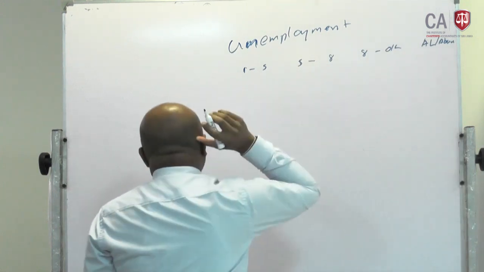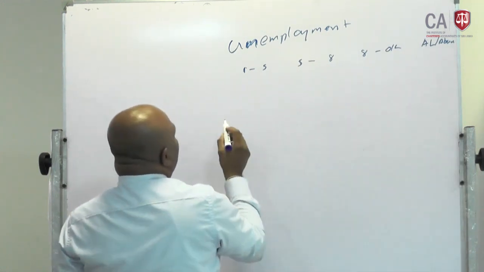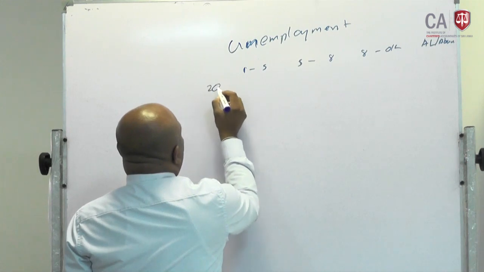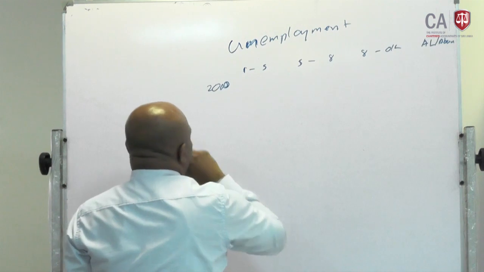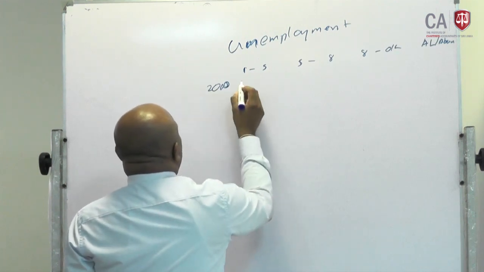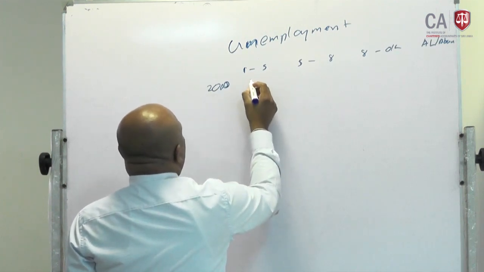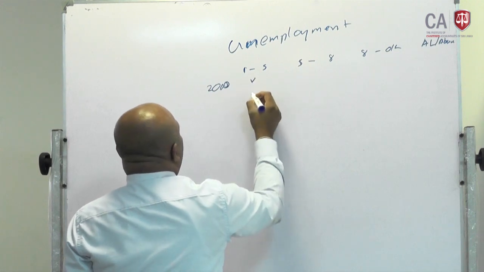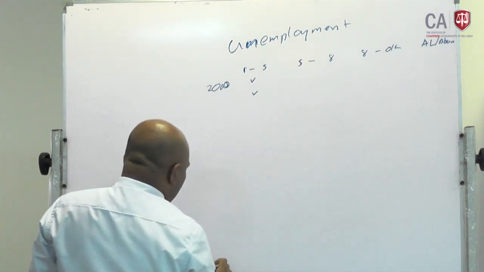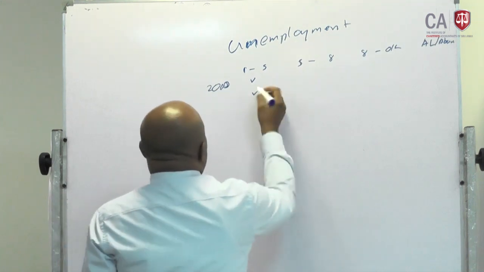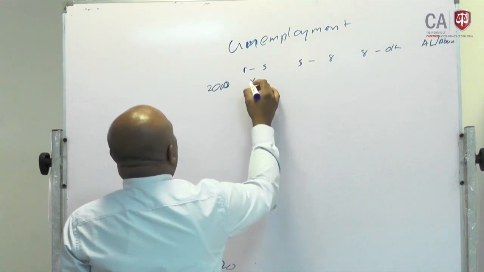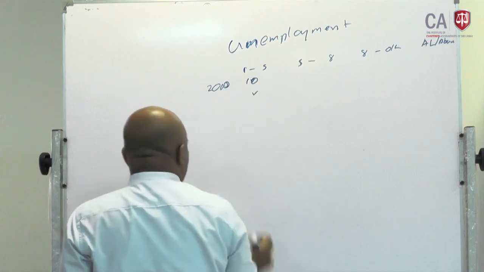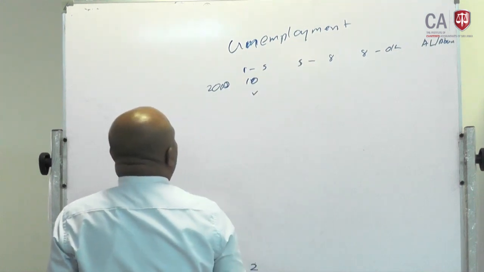Normally, earlier, in early days, let's say in the year 2000, this is in a very higher rate. Let's say 2020, now it is reduced. If it is 10%, now it is 2% unemployed.